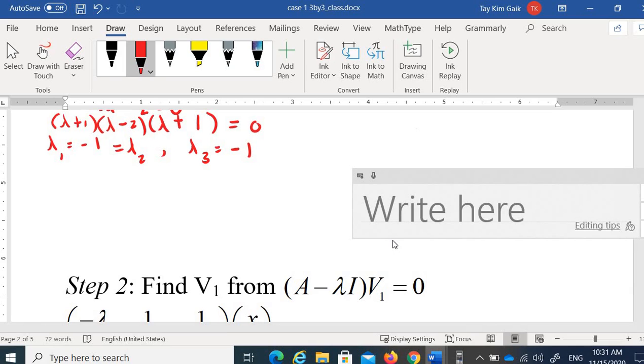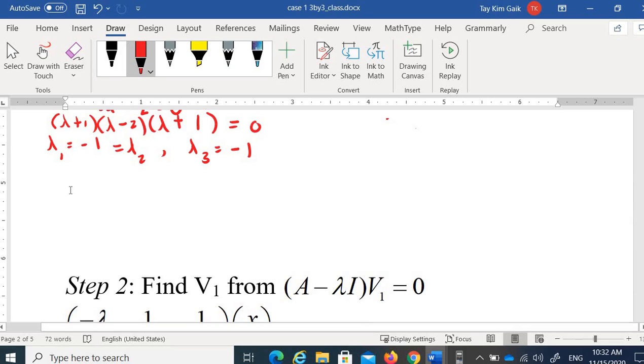So after we get the eigenvalues, we are going to find the eigenvectors.